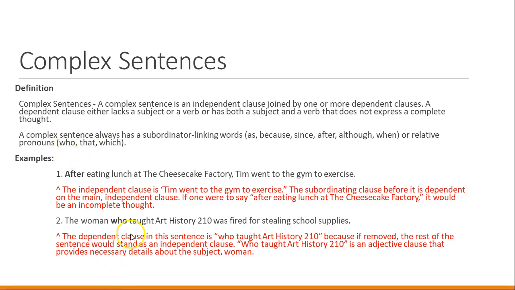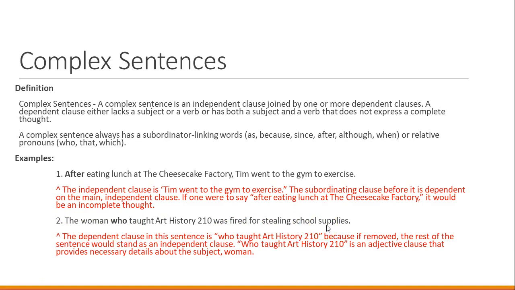In this case we used "who" as a relative pronoun. The part that starts with "who" is the dependent part of the sentence, and if we take it out, we're left with "The woman was fired for stealing school supplies," which is an independent sentence.